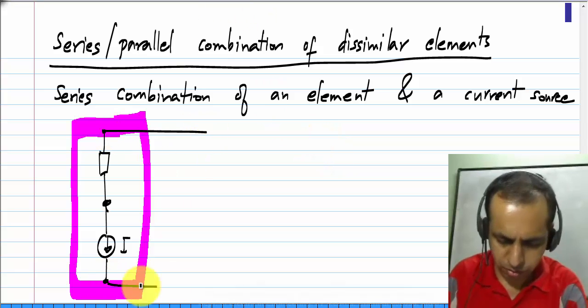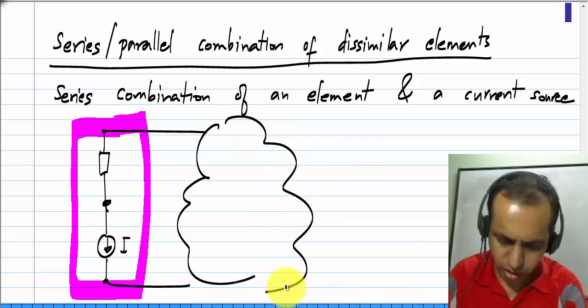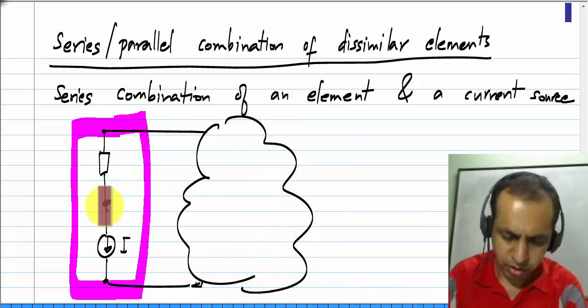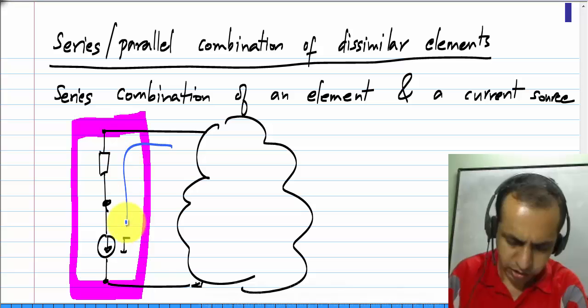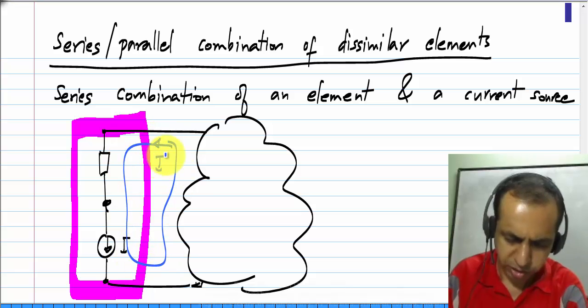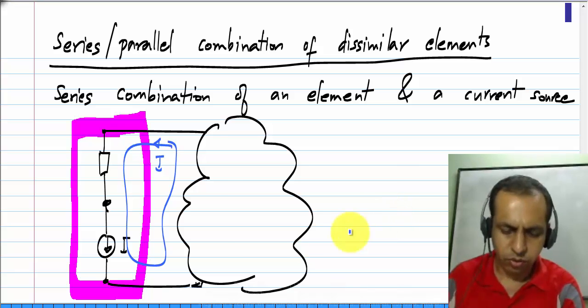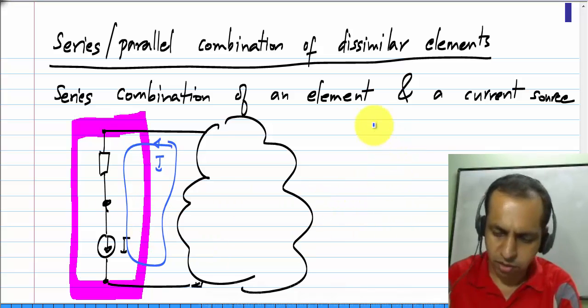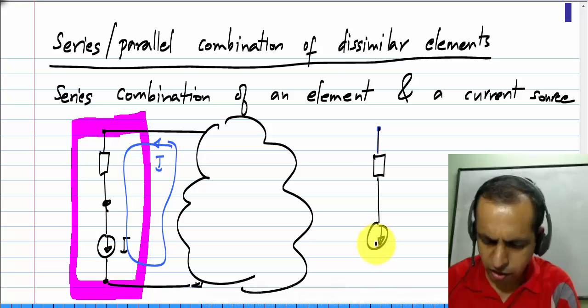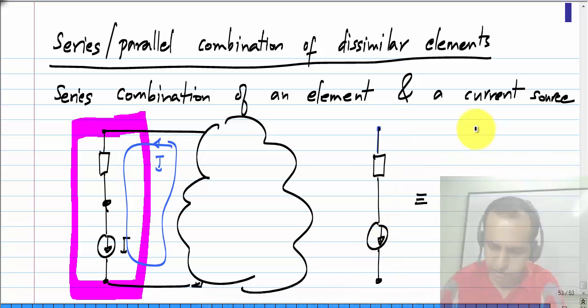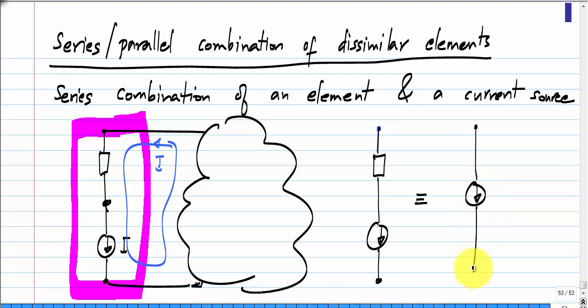So clearly, if you connect this up to some circuit, we know that because of Kirchhoff's current law here, the current that is flowing through the whole circuit like this has to be equal to I. So this means that the series combination of any element and a current source is exactly equivalent to a current source.